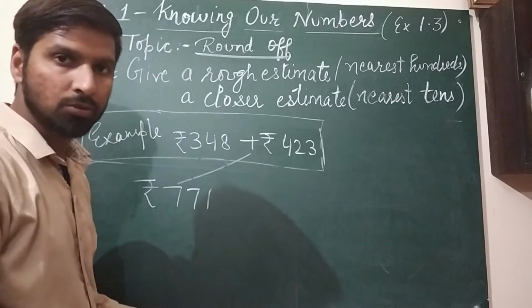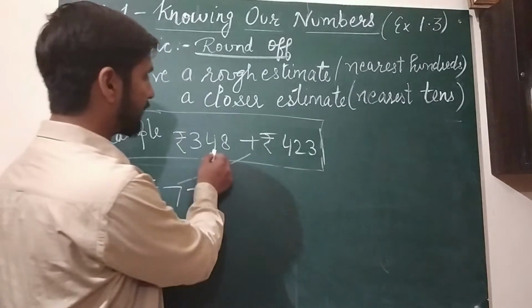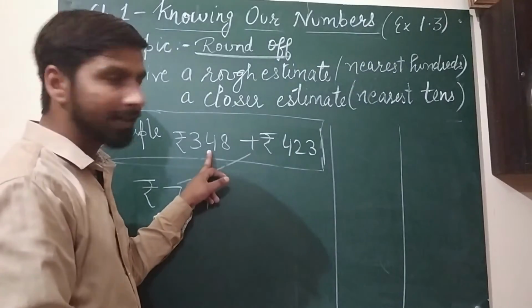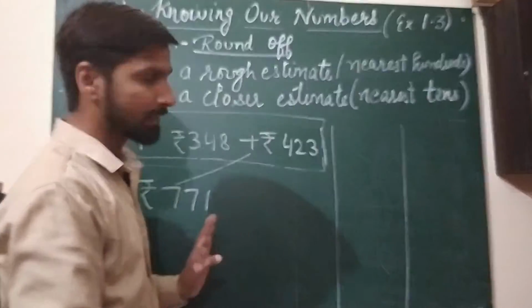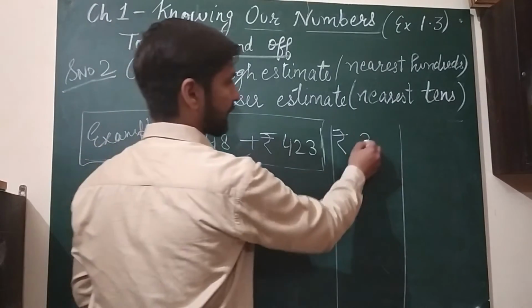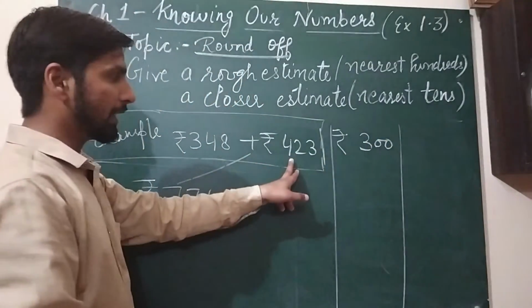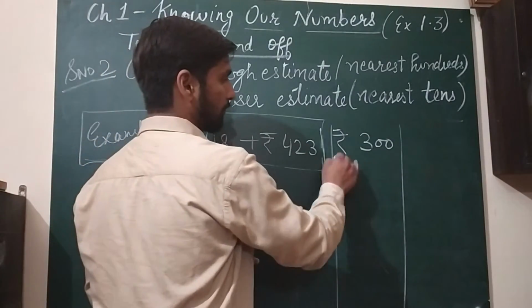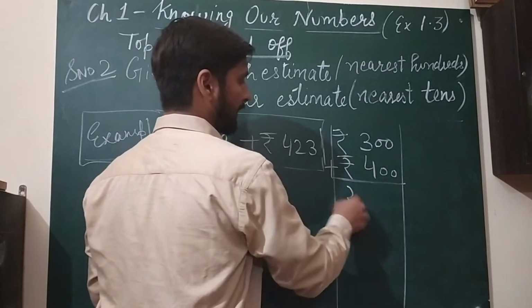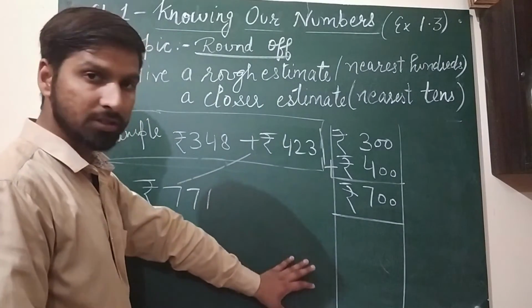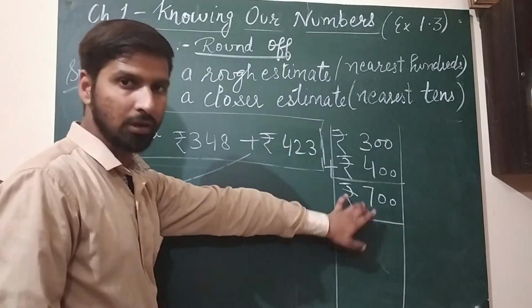If I round off to nearest hundreds, 348 will be 300, and 423 to nearest hundreds will be 400. That means in my mind I am calculating that at most I have to pay 700, or my total will be nearer to 700.